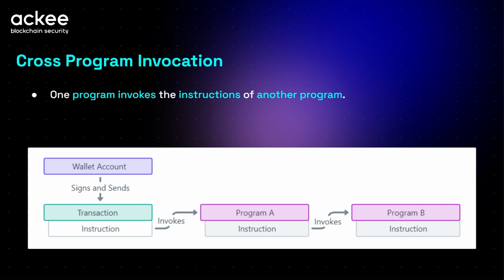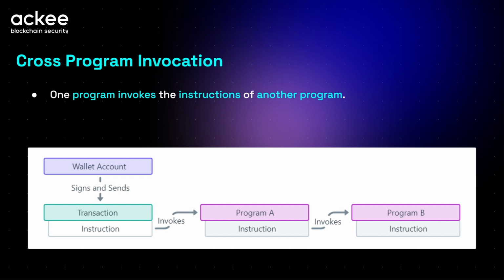On the left-hand side you have a wallet account, a regular key pair, for example, which has the corresponding private key. You take the wallet account, sign a transaction and send the transaction to the network.